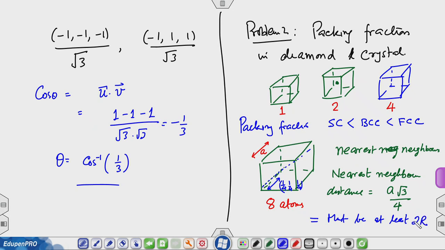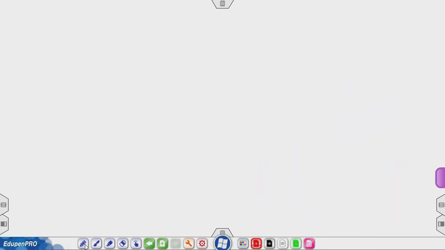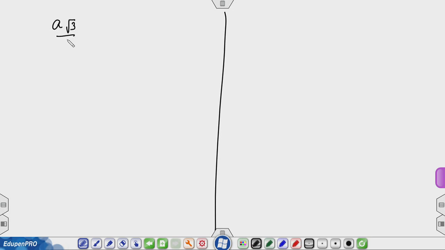That's the best occupation that you can have. So, we have A root 3 by 4 equals 2r. R is the radius of the atom, and therefore, the size of the lattice is 8 r over root 3.